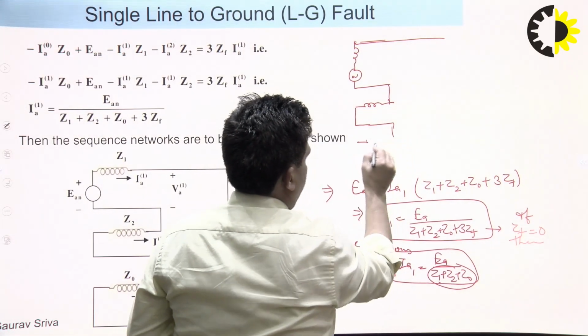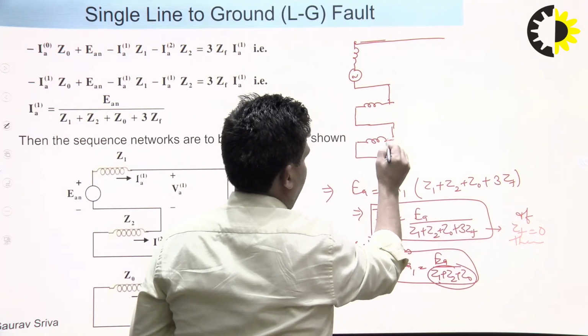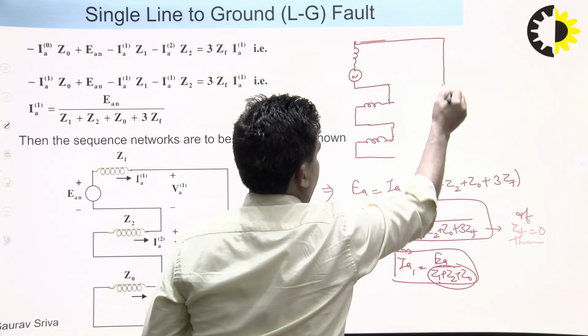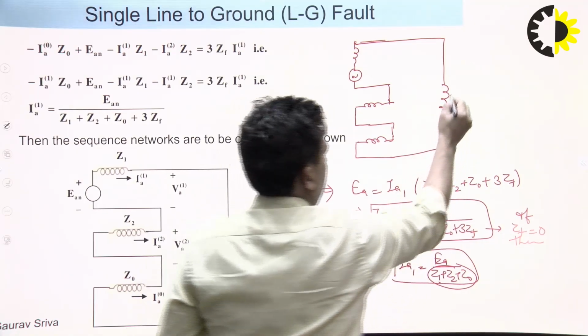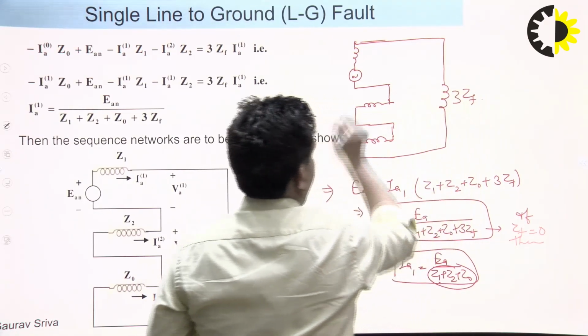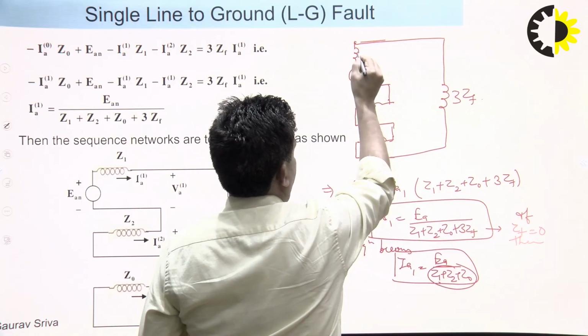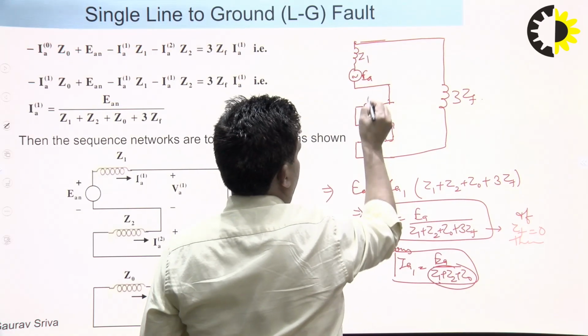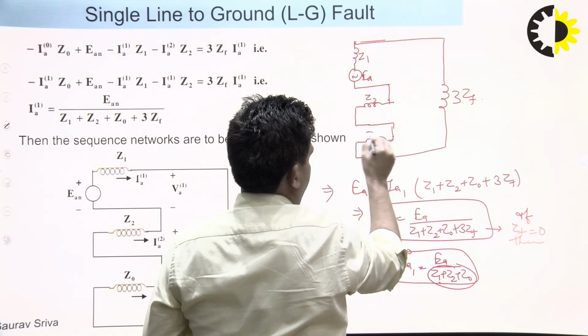For the zero there is no voltage source and this connection is connected at 3 times of ZF, and that is the EA, that is Z1 positive, that is Z2 negative, and that is Z0.